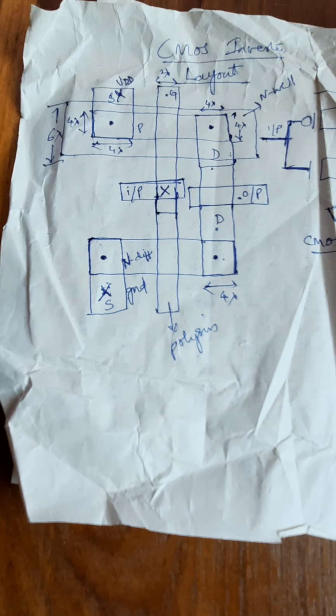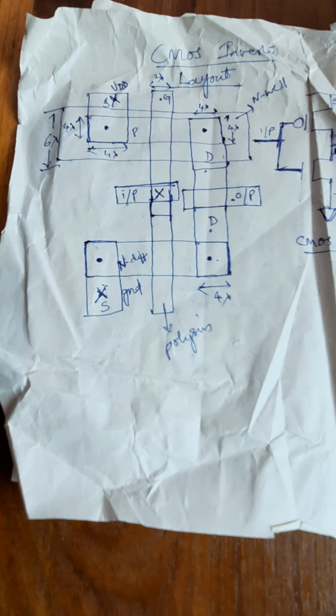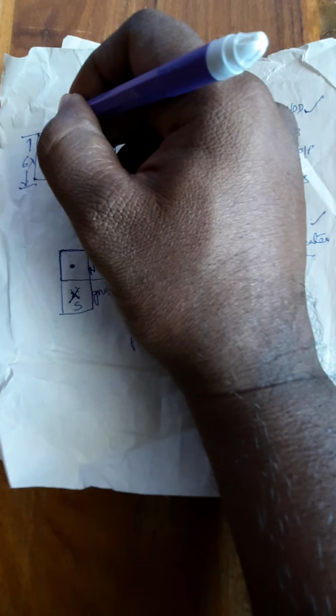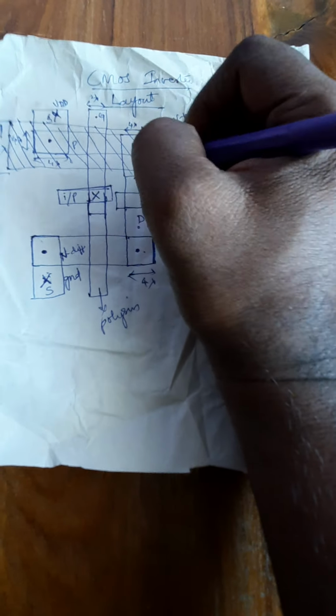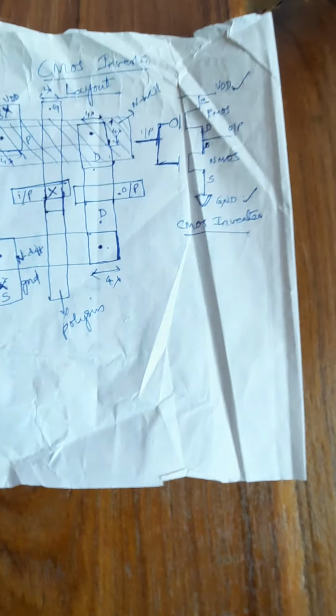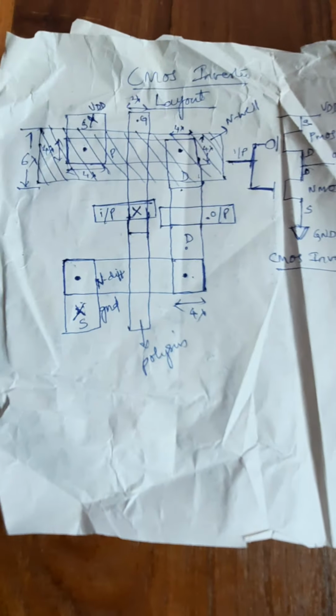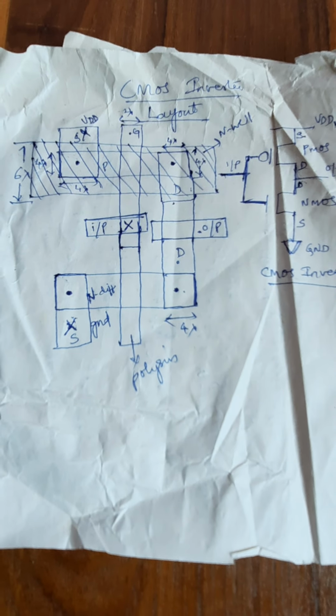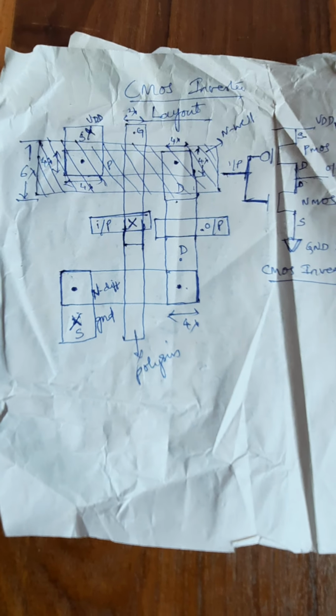But one main thing is that, to make you know about this N well, I am drawing this N well with the help of these cross lines. These cross lines indicate an N well layer. When you go to the simulation part of this CMOS inverter, the simulation will not take place because it tells that the well is floating.